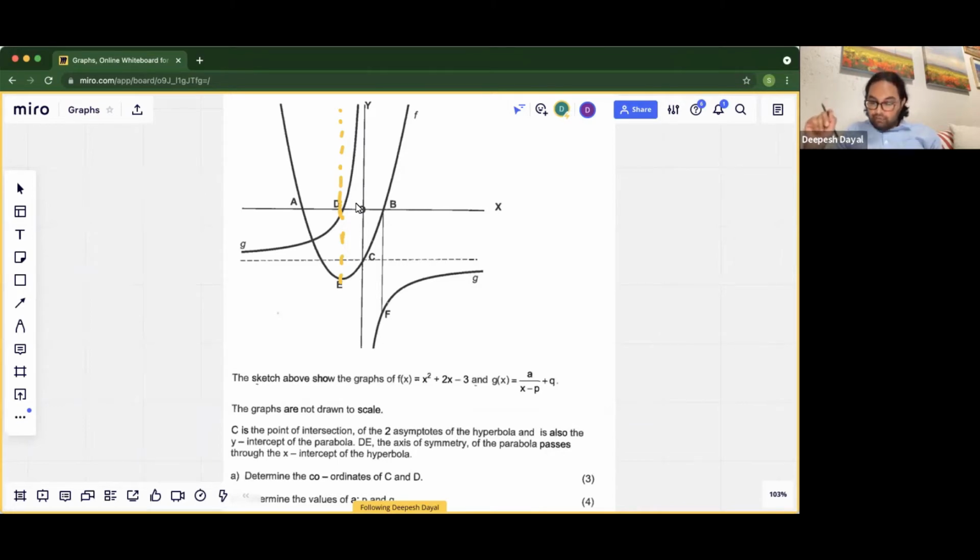Okay, remember they're asking for coordinates of C and D. So coordinate means you need to write it as an X and a Y, right? So if you can do that, that will be amazing. Let's try that out.